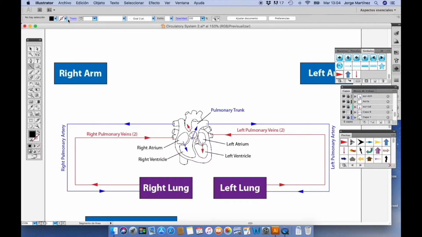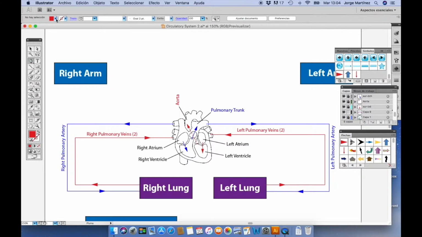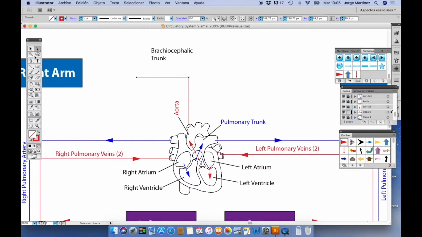The left ventricle contracts, sending the blood to the aorta. That is the biggest artery of our body. The first division of the aorta is called brachiocephalic trunk.